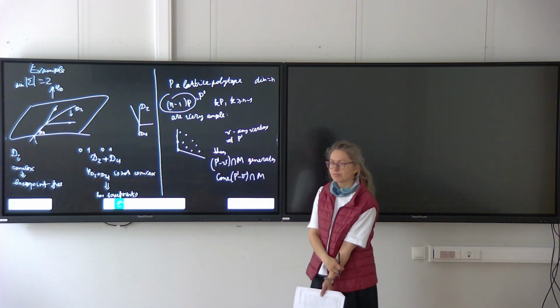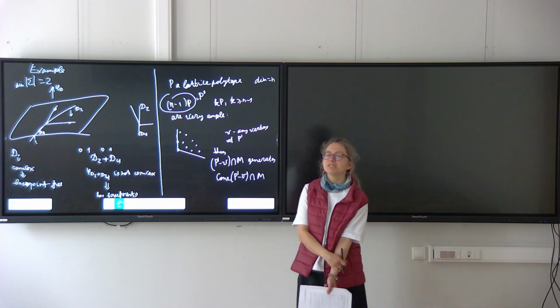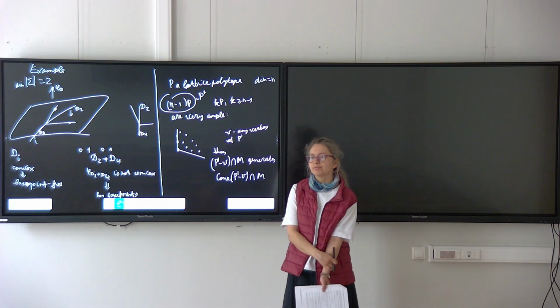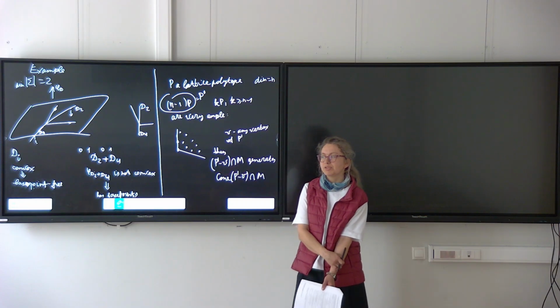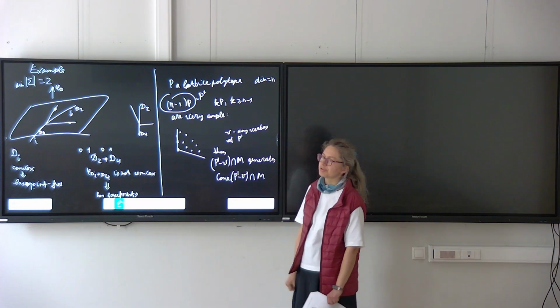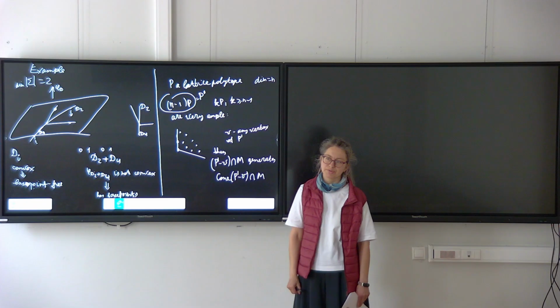In some sense, it contains the basis of our lattice, and it contains all the points. It can be done. There is no toric geometry, just some combinatorics.